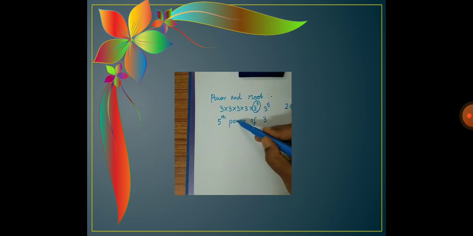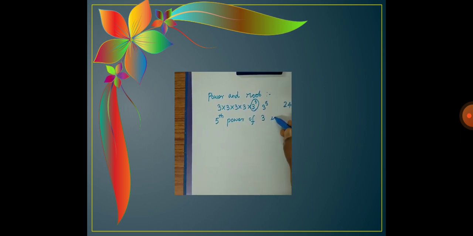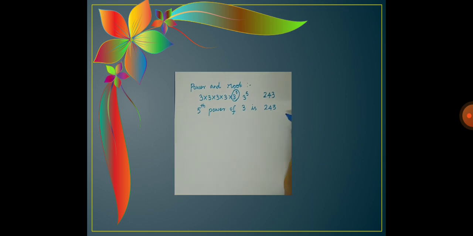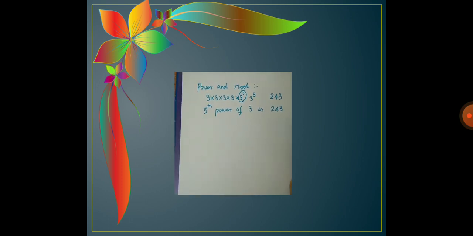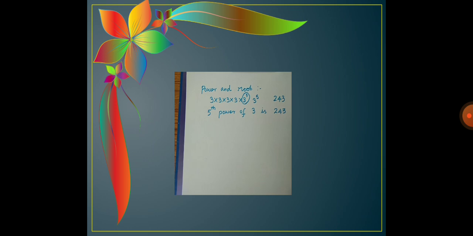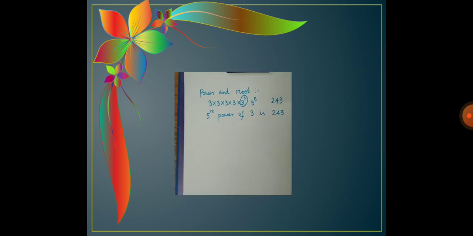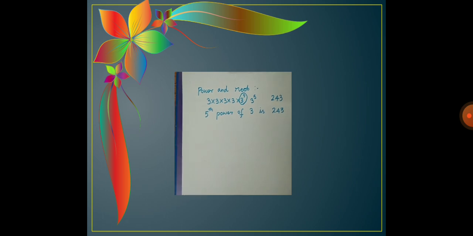So the fifth power of 3 is 243. Yes, we can say like this. Is it clear, students?